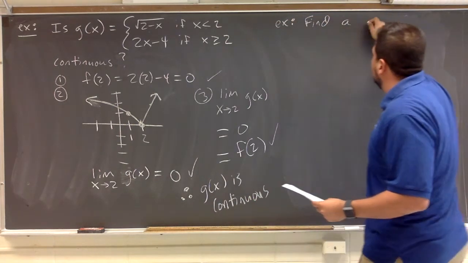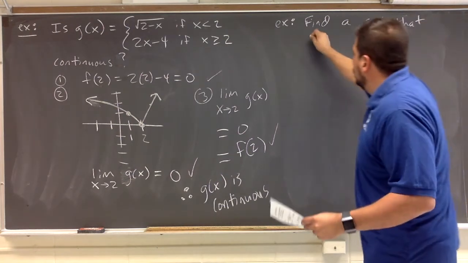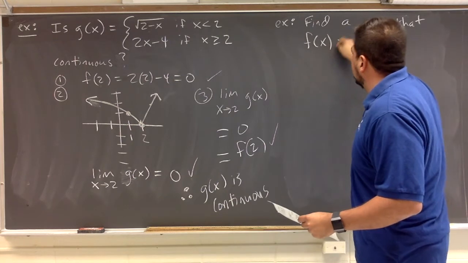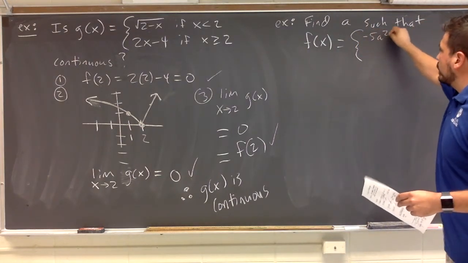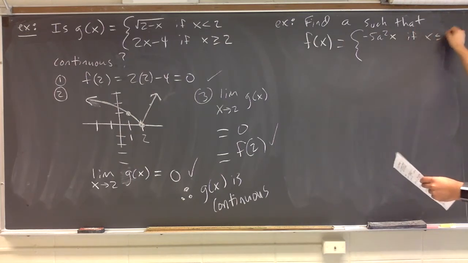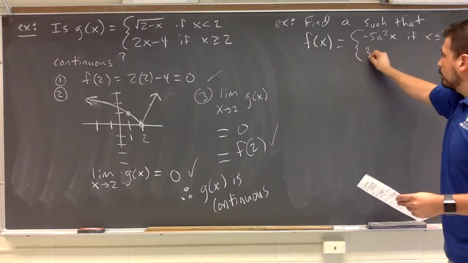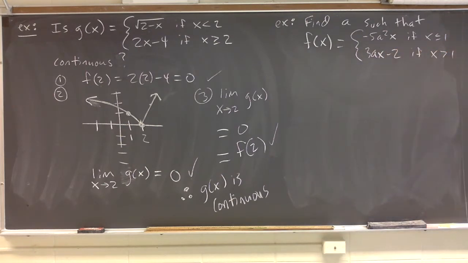Find a such that the function f of x equals negative 5a squared x if x is less than or equal to 1, and 3ax minus 2 if x is greater than 1.